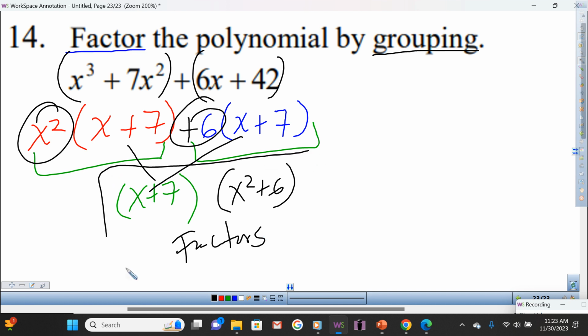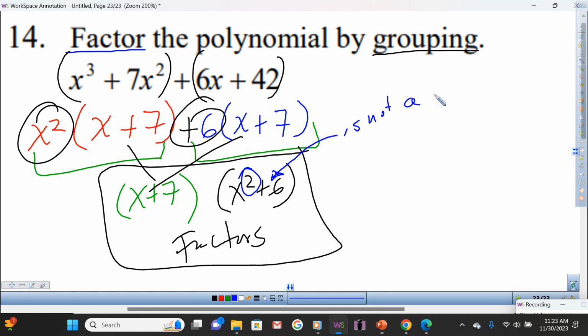Now, a quick note, look up. Whenever you end up with factors like this and you have one that has a squared, just double check to make sure that this is not a negative. Because if it is a negative, then you need to check to see if you can factor a little bit more. Is that correct? Yes, Mr. Q. All right, good.